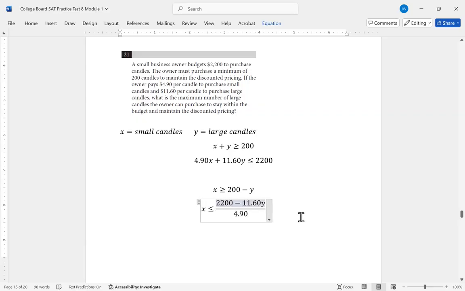There we go. That's what we have, these two inequalities.